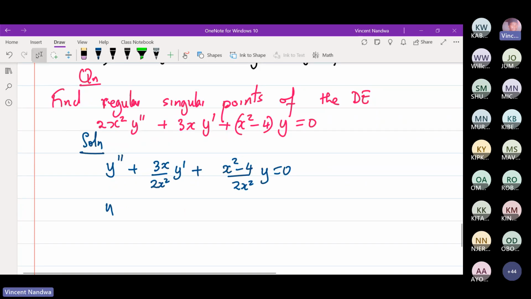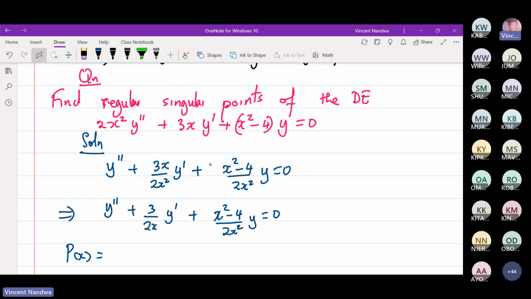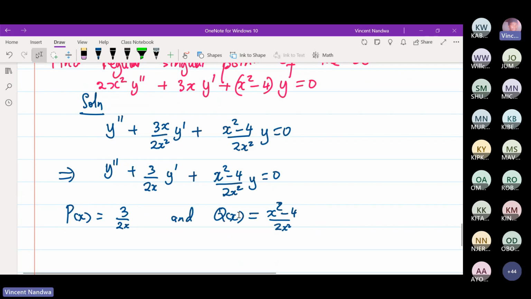So this means y double prime plus 3 over 2x y prime plus x squared minus 4 over 2x squared y equals 0. From which you get your P to be 3 over 2x and Q to be x squared minus 4 over 2x squared. The structure of P and Q makes it easy to determine the point of discontinuity, which is simply the point where the denominator is 0.